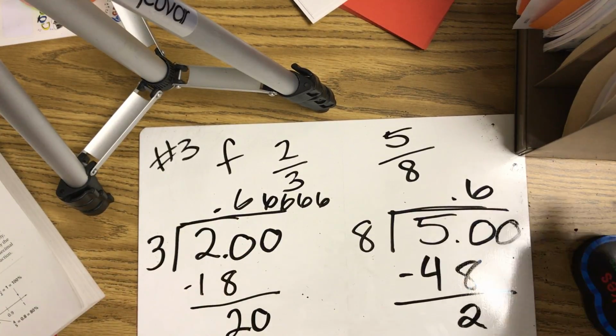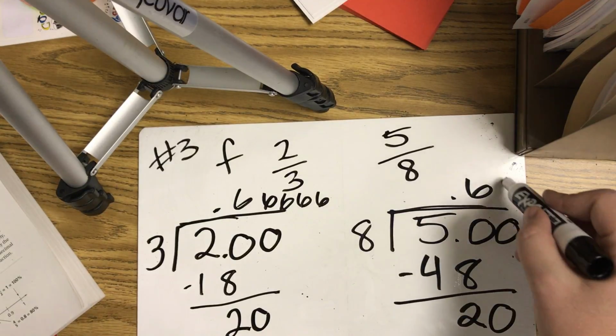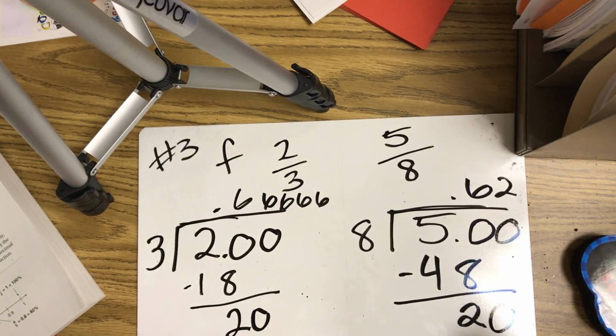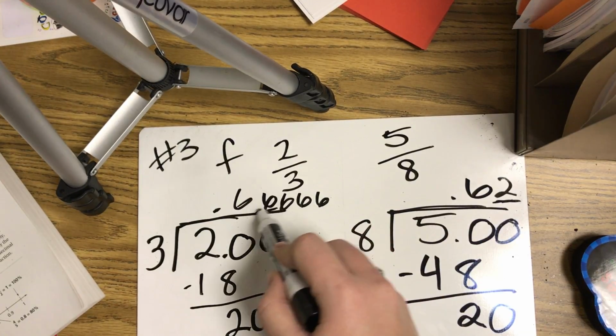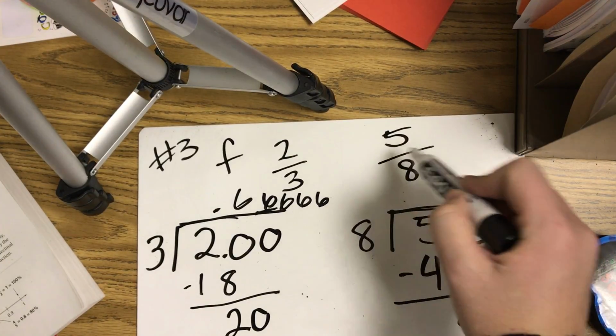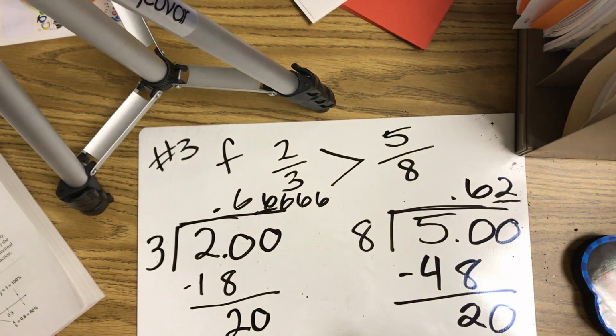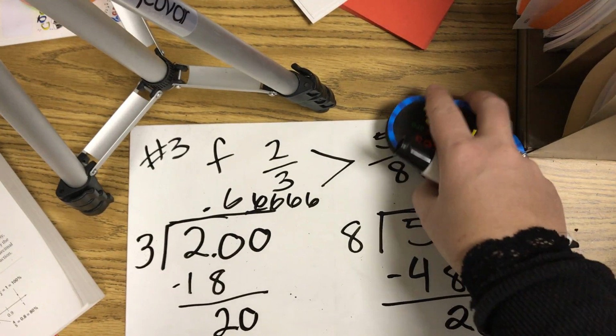Ooh, they're close. Okay, bring a 0 down. 8 goes into 20, 2 times. 8 times 2 is 16. Subtract, you get 4. I can stop now because this 2 is less than the 6. So 5/8 is less than 2/3. For that one, I converted to a decimal. That was my strategy.